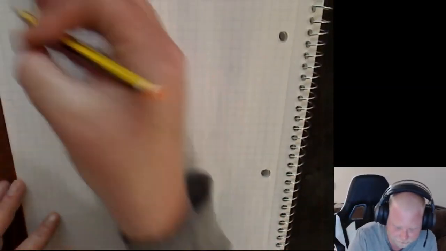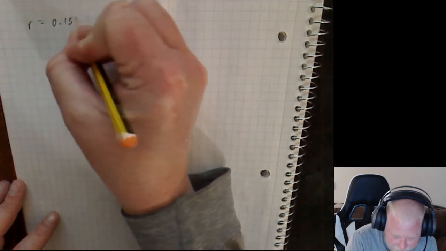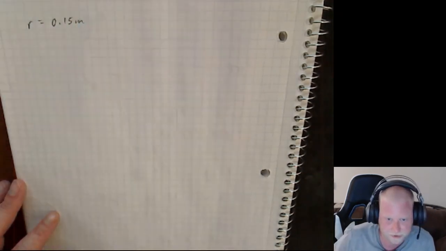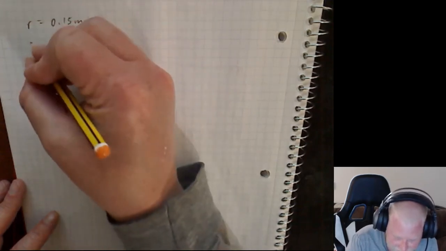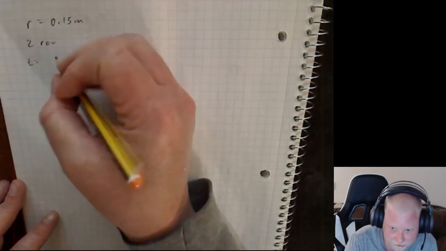So let's go ahead and start just listing out what we've got. Now we know the radius of this wheel is 15 centimeters, so 0.15 meters. We know it completes 2 revolutions in a time period of 1.2 seconds.